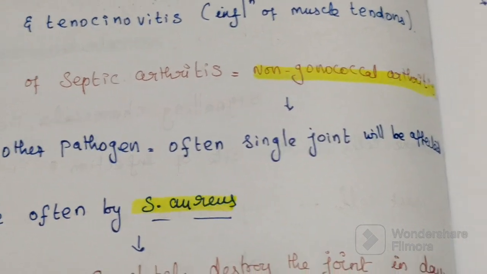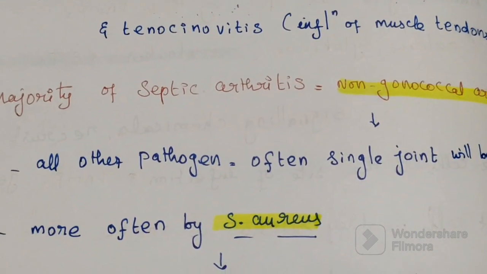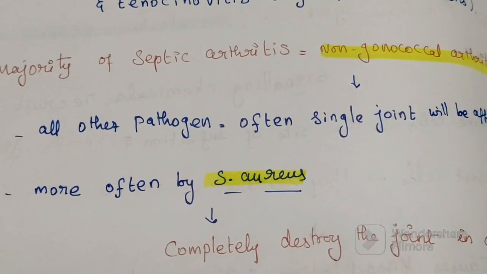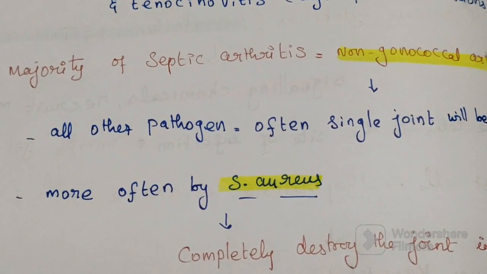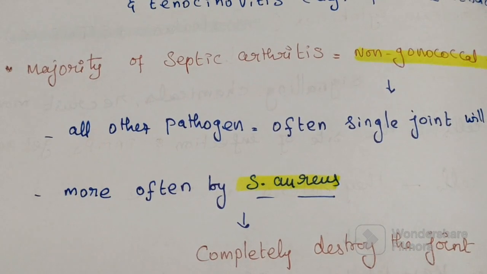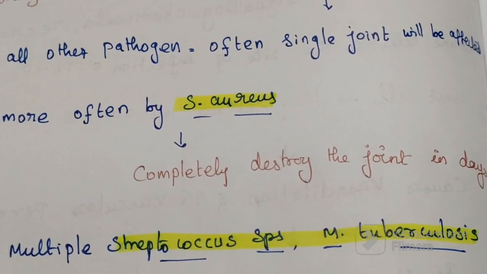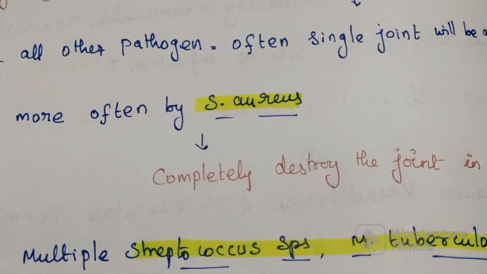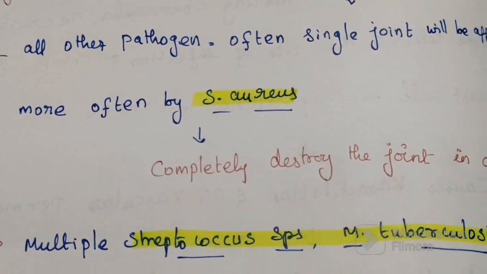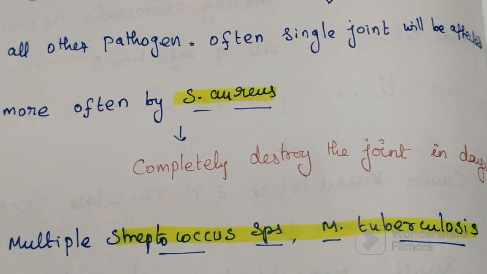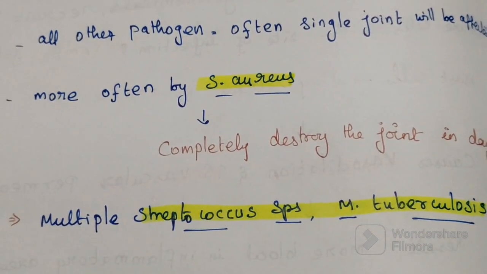Non-gonococcal arthritis is most often caused by Staphylococcus aureus, which can completely destroy the joint within a day unless it is treated. Without treatment, within a day it will affect that joint.